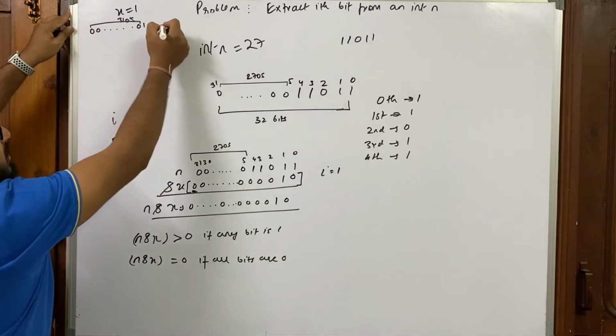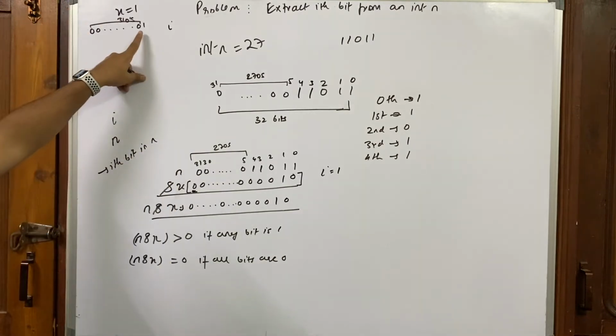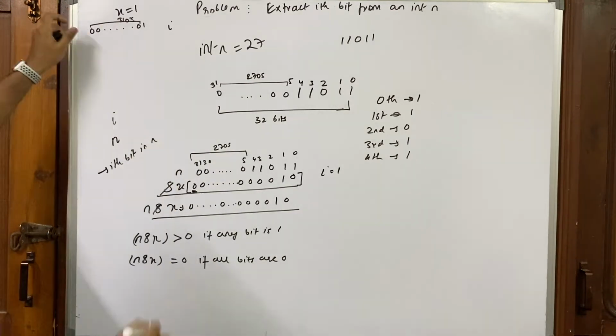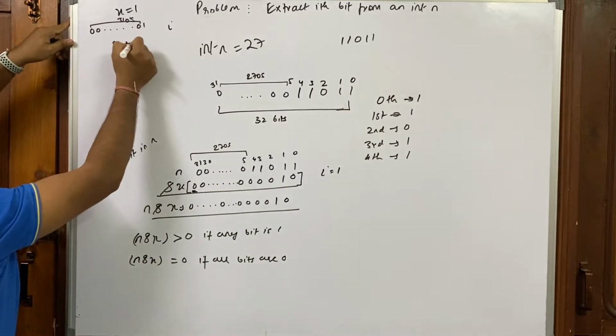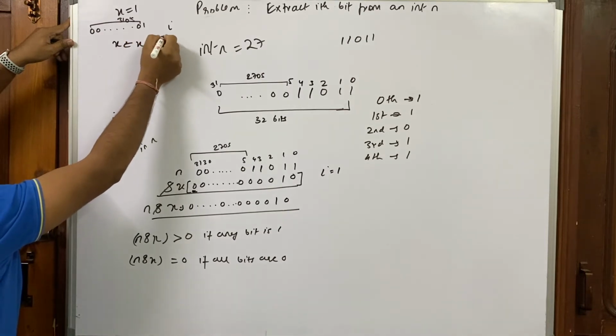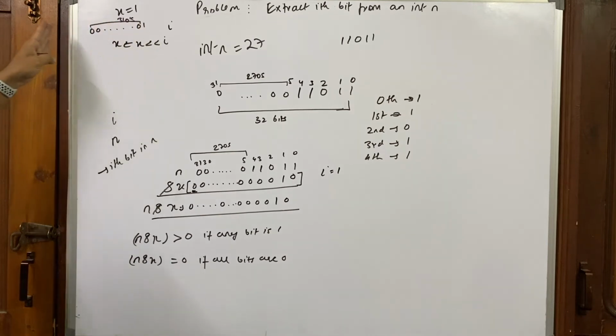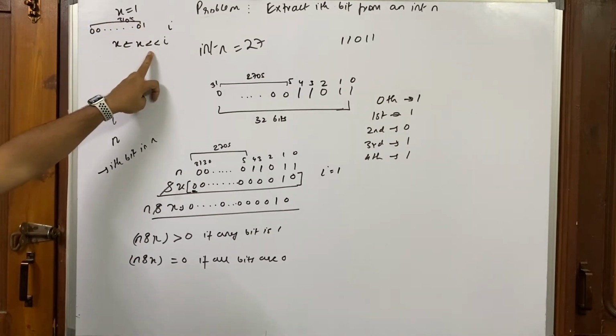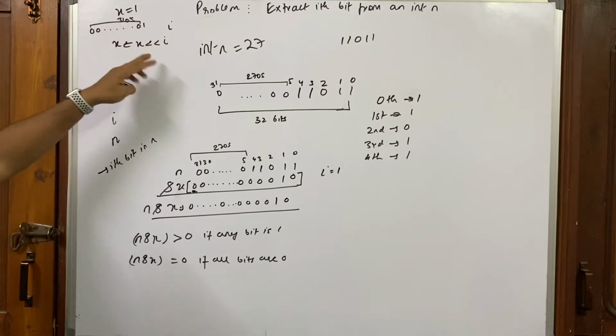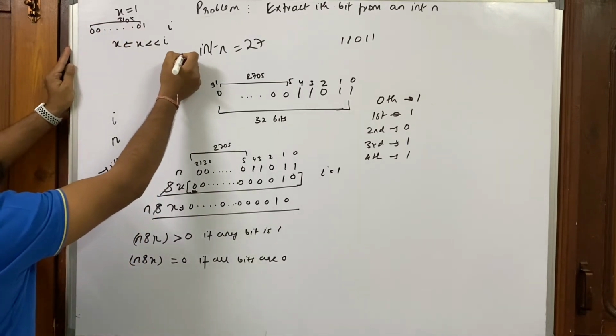We have to extract the ith bit. So 1 has to go to the ith bit number. So we do x is equal to x left shift I. That is, we left shift all the bits by I places, and this operator is again provided in programming languages. So all the bits move I places left. So in this case I is 1.